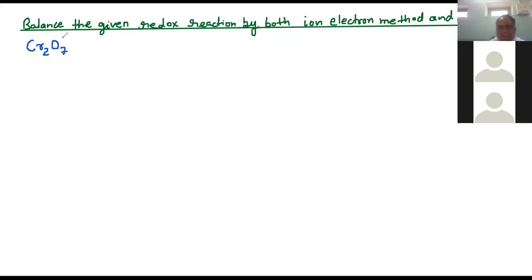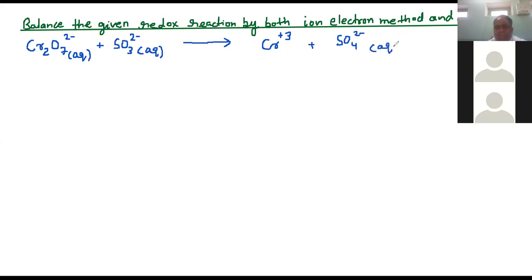Cr2O7 2 minus aqueous plus SO3 2 minus aqueous gives Cr plus 3 plus SO4 2 minus aqueous.